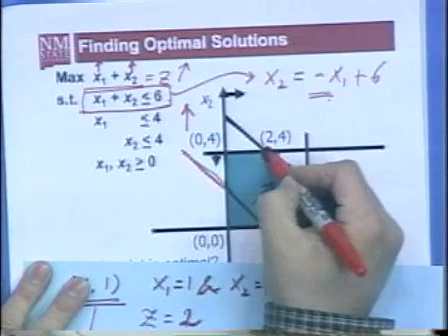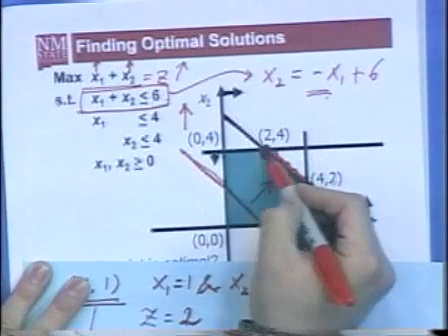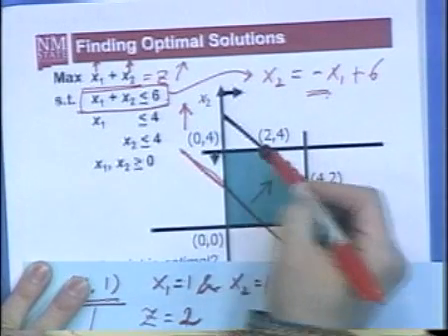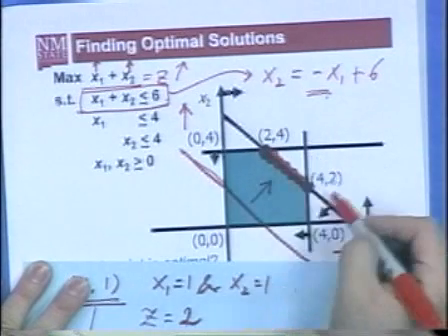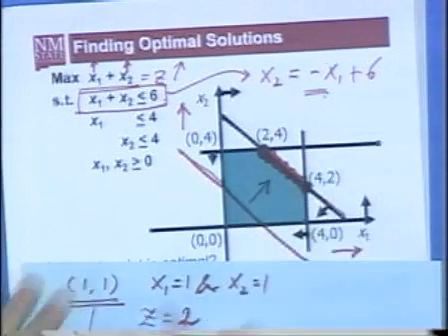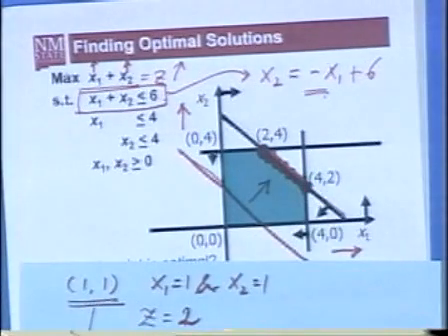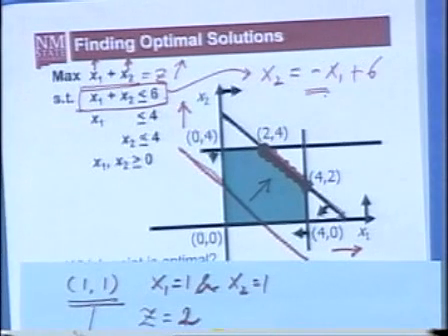In that case, the dark line segment between these 2 points, (2, 4) and (4, 2), is the optimal solution for our case, right? So in this case, we may say that this problem has infinite number of optimal solutions. Okay?